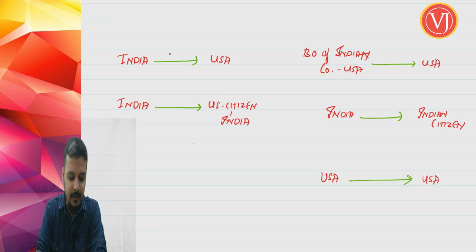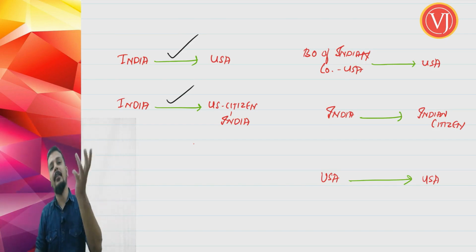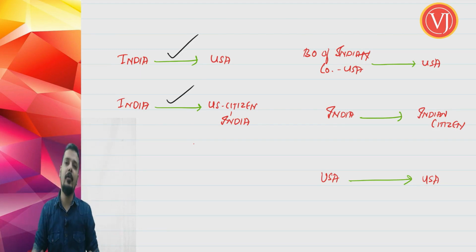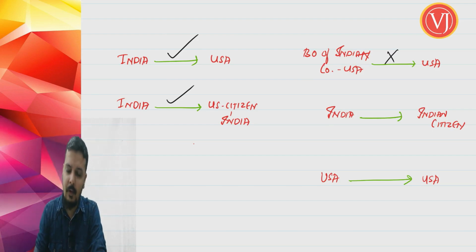Service provider in India, service recipient in USA. Service provider in India to a service recipient, that is a service consumer in India, but of another country. That consumer belongs to another country. So a US citizen who is coming to India for, say, education or treatment, etc. But if you are talking about a branch office of an Indian company in USA providing services in USA, not counted, because you have a separate establishment in USA.